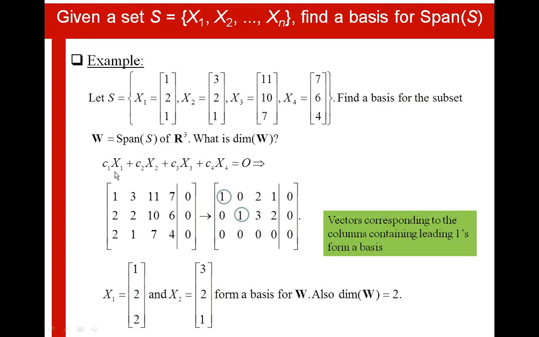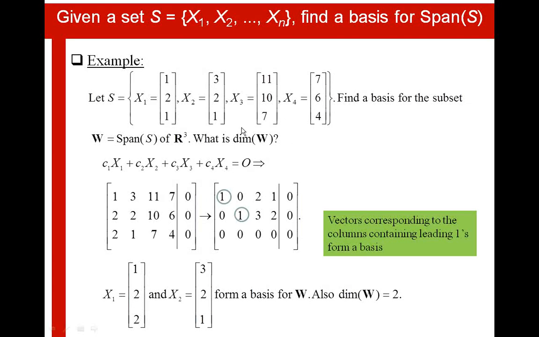Okay, so in order to address the first part of the question, in order to find the basis, we know that this set has to be linearly independent. We cannot place them into a square matrix, because the matrix is 3 by 4 and we cannot calculate the determinant of a 3 by 4.